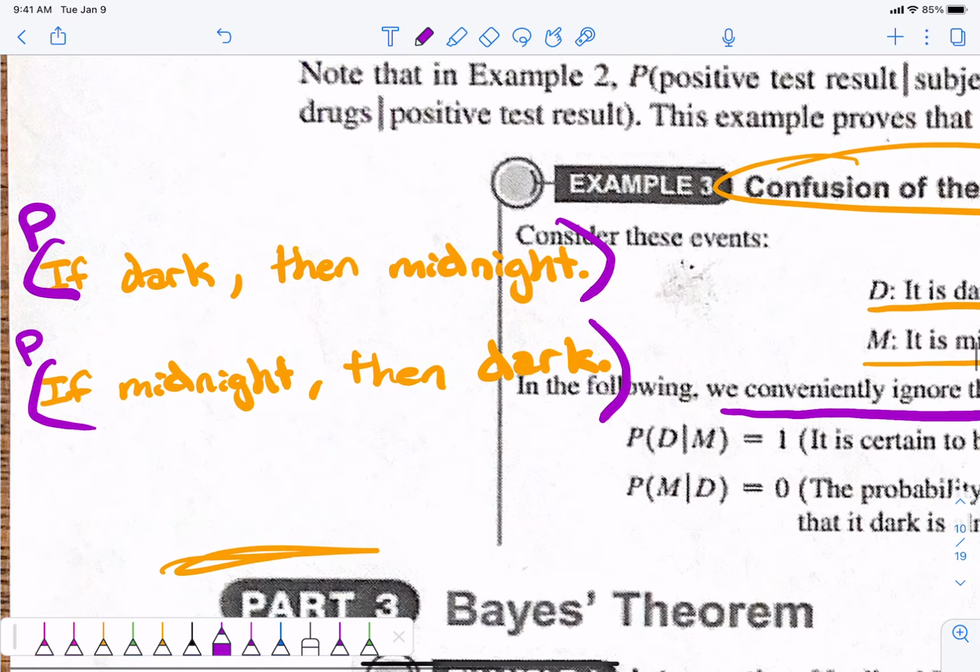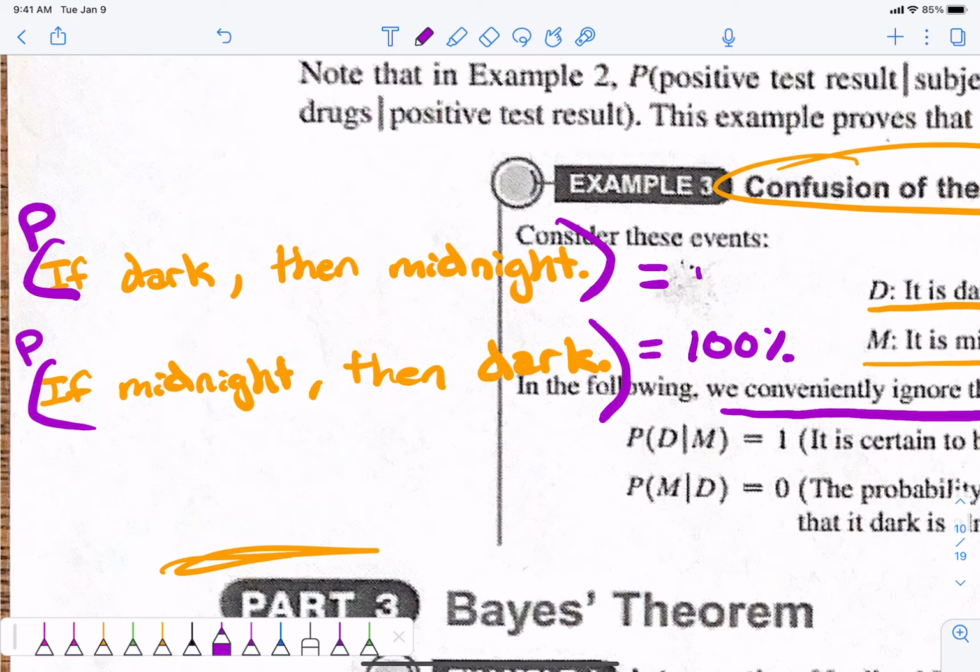Which one is 100% chance true? The bottom one. If it is midnight, it is 100% chance of being dark, ignoring the Alaskan winters. But is it true that if it is dark, it is necessarily midnight? No, right?